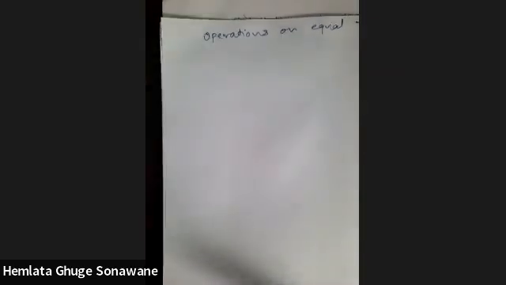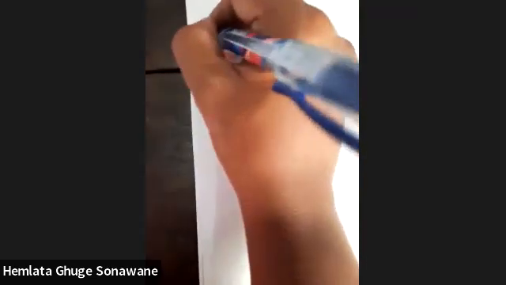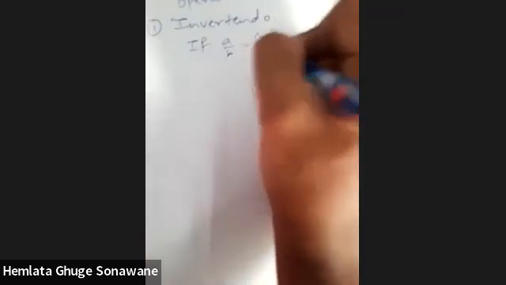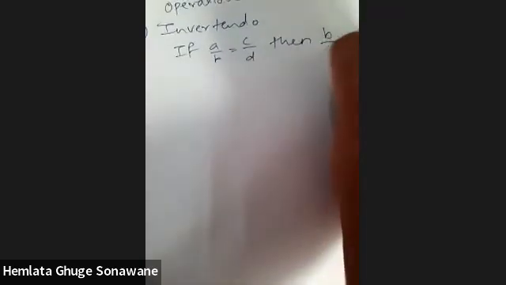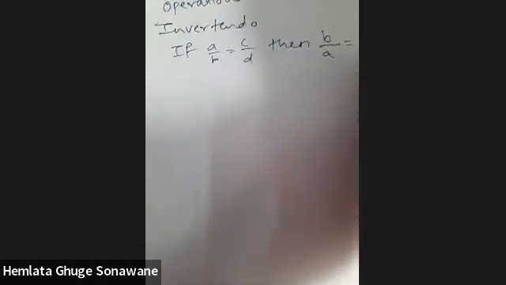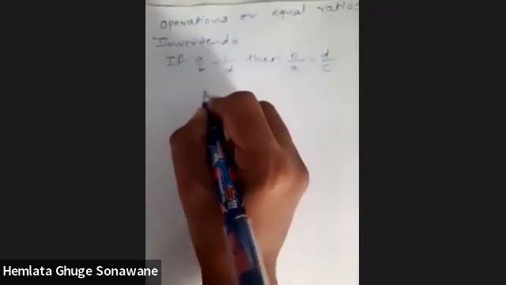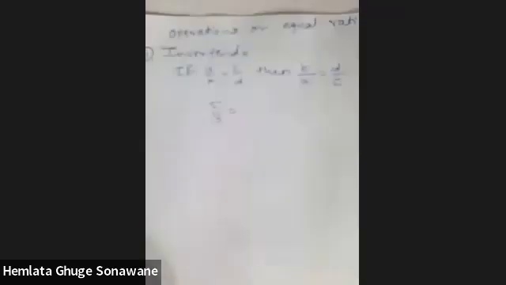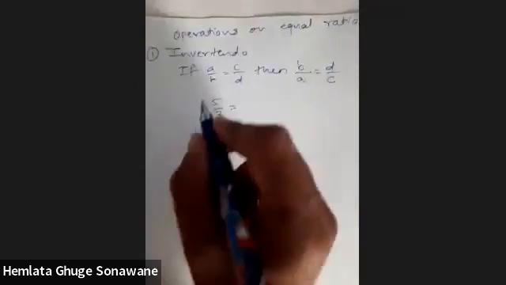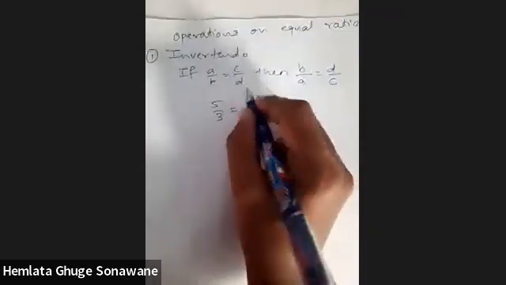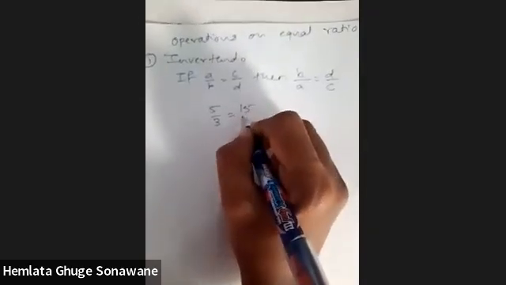If A, B, C, D are positive integers, then the first operation is invertendo. That is, if A upon B is equal to C upon D, then B upon A is also equal to D upon C. We'll take one example. A upon B, that is 5 upon 3, A is 5 and B is 3, and C upon D is 15 upon 9.